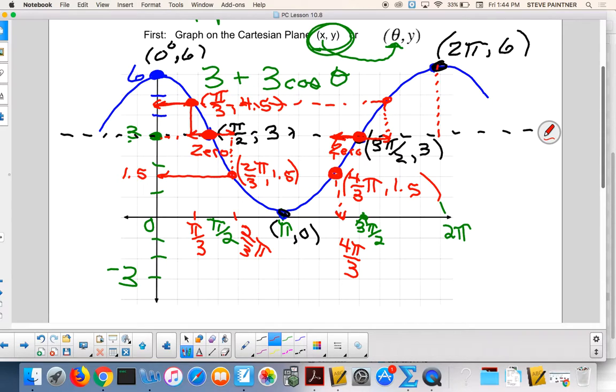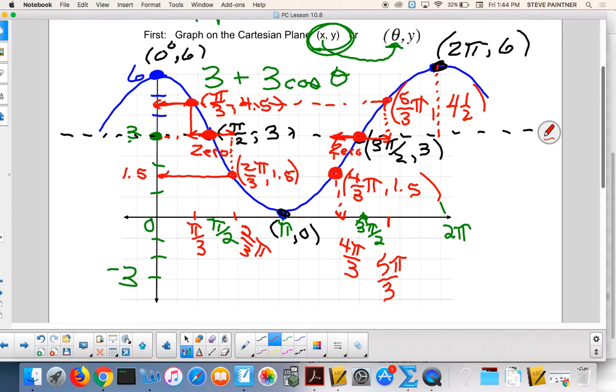But what's that angle down here? In degrees, it's 300 degrees. 30 degrees past 270 is 300. And 300 is what? What'd you call it? 5/3 pi. So that point is 5/3 pi, comma, 4.5, right? Good.